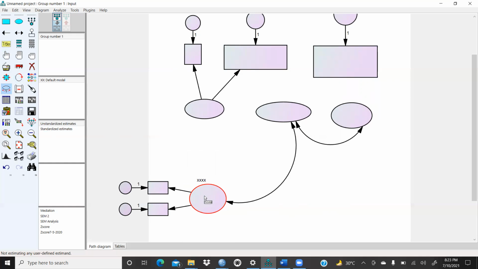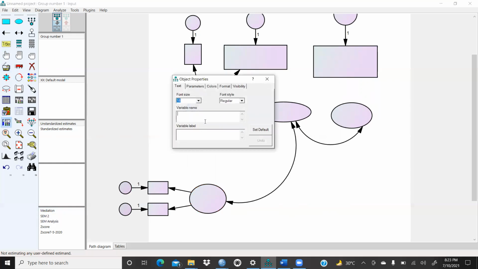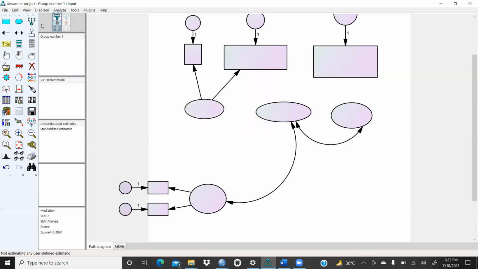Then after that, we come to this one: whatever is the text, we can move it within this. Let's say I'm dragging and putting up my variables here.